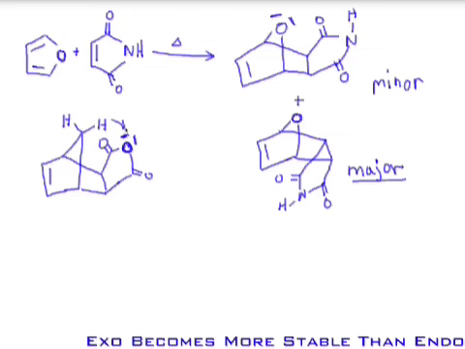There was repulsion here, and this made the exo less stable. So it was minor. Well, let's look at this. This time all I did was move the lone pair over here. And this H should be close, and there should be repulsion here, right?